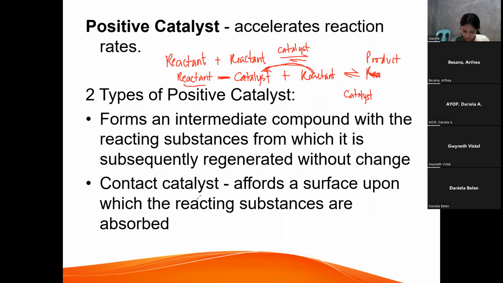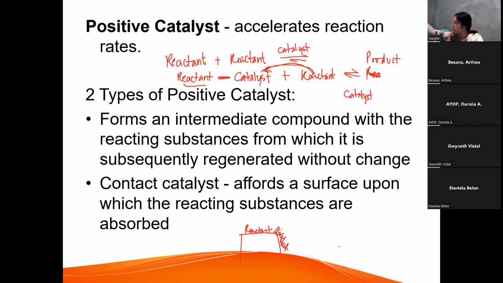Meron din tayong tinatawag na contact catalyst. Pag sinabing contact catalyst, it will give a surface, magpo-provide siya ng surface sa mga reacting substances para mabilis din ang kanilang reaction. So for example, ito yung catalyst, para siyang magnet na didikit dyan yung isang reactant and mamamagnet din yung another reactant.